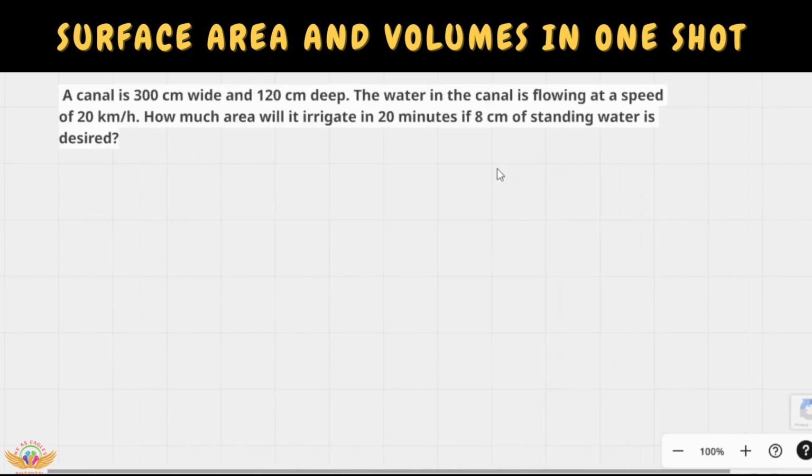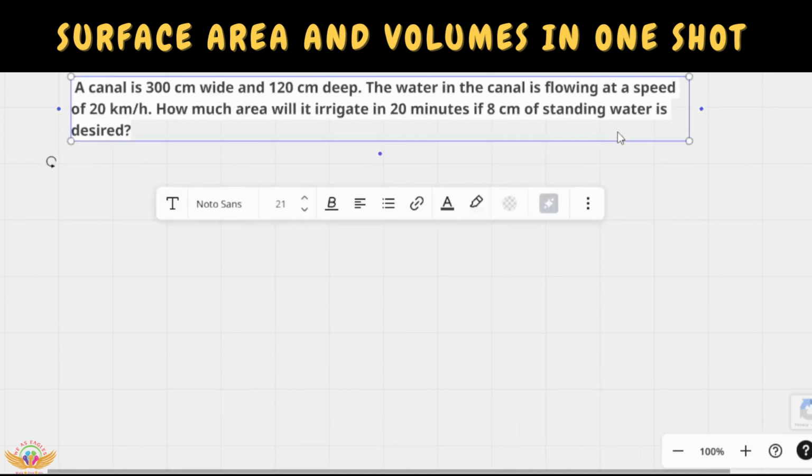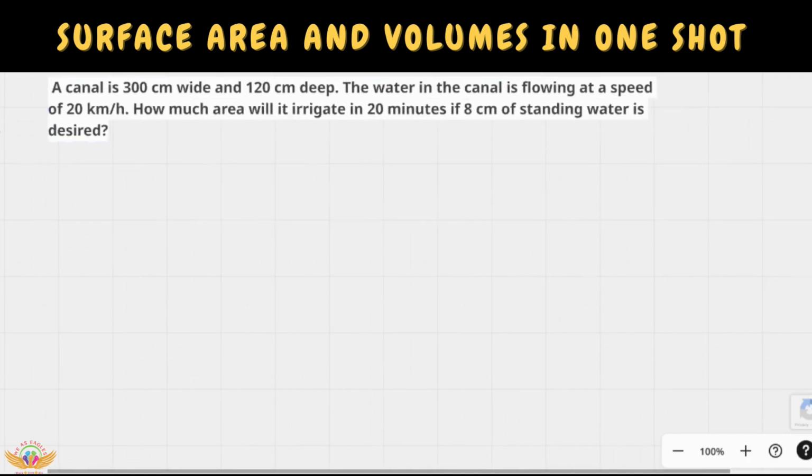I want to just tell you all, surface areas is all about visualization. It's all about the way you visualize the question, and you need to think a bit about how the question is being asked and what formula you have to use. You also need to have a proper understanding of the question.